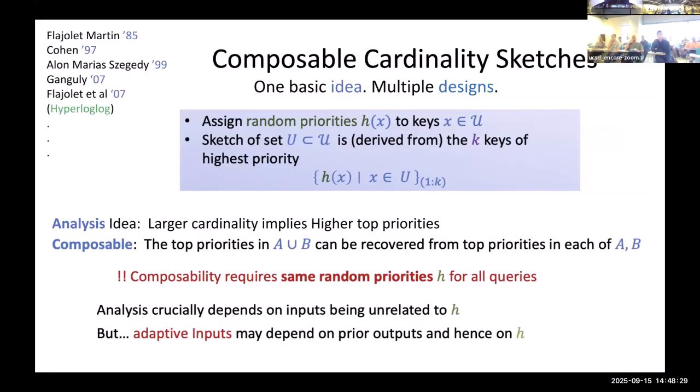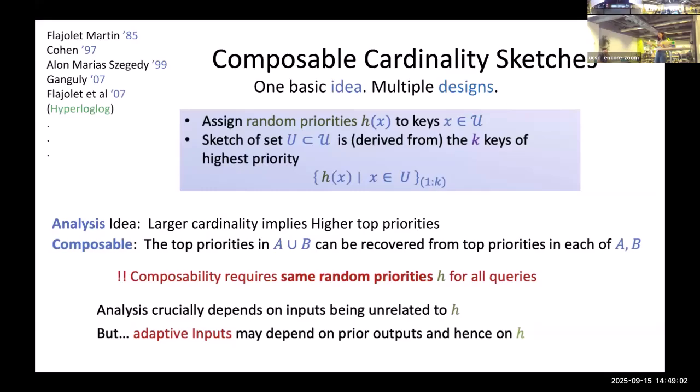So for composable cardinality sketches, there is one basic idea: we have random priorities for our keys, and when we are given a set U, we look at the k keys with the highest priority, and that would be our sketch, and then we answer different queries such as cardinality using the sketch.